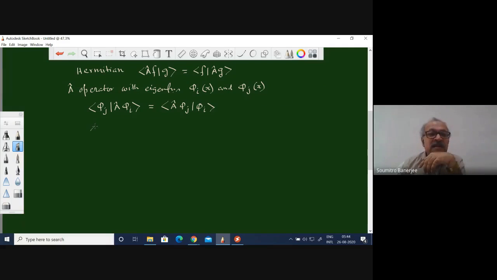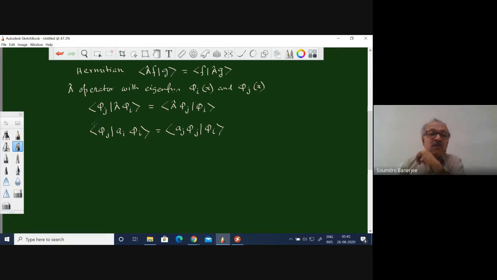So we can write <φj|ai φi> is equal to <aj φj|φi>. Here A operating on phi j is aj phi j; aj is the eigenvalue corresponding to this eigenfunction.